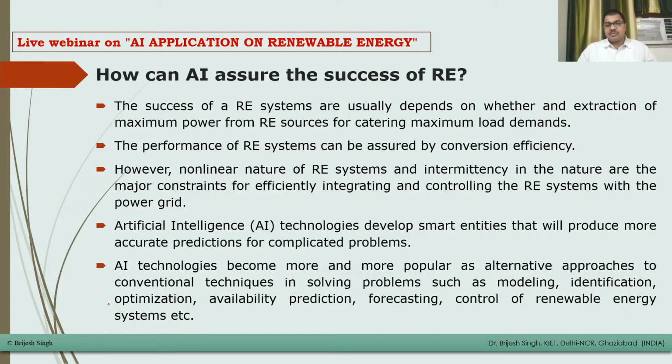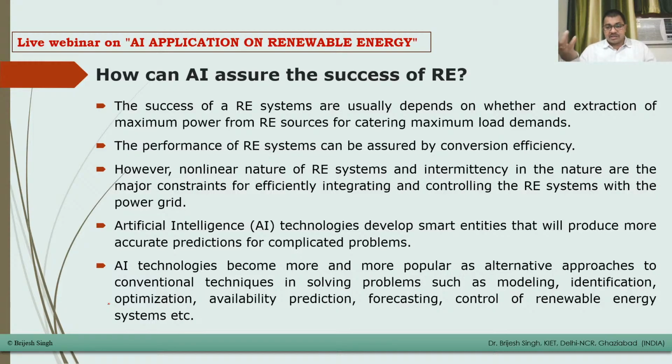Now AI technology has become more and more popular as an alternative approach to conventional techniques in solving problems such as modeling, identification, optimization, availability prediction, forecasting, and control of renewable energy systems, etc. When these terms come into the power sector, they mean modeling of the renewable energy system: which kind of renewable energy system is useful for any power network?